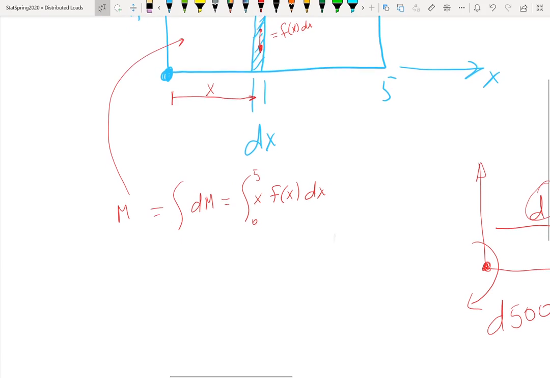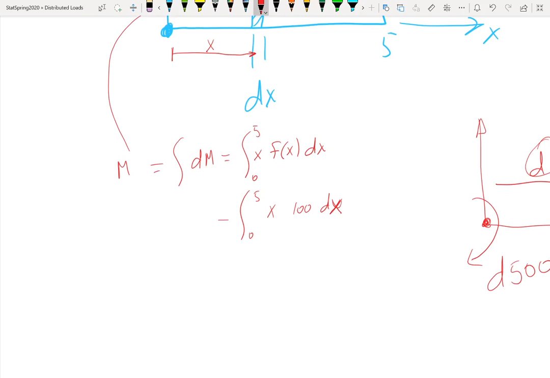As it turns out, not too bad of a deal here, because in this particular case it's x times 100 dx, and what we end up with is 100 x squared over 2, evaluated from 0 to 5, or 125 over 2.